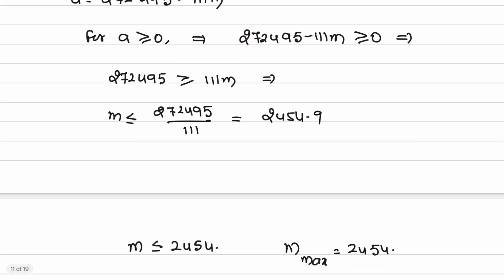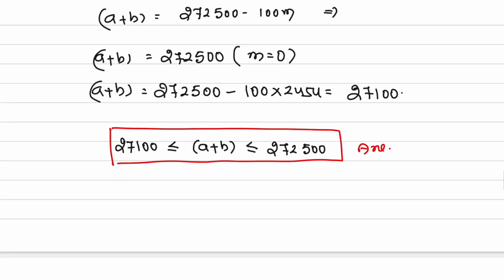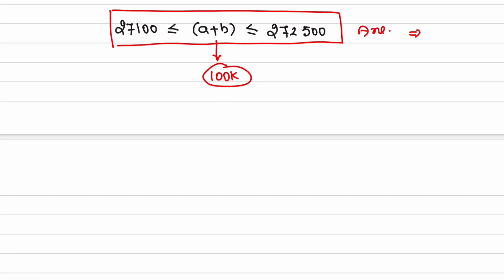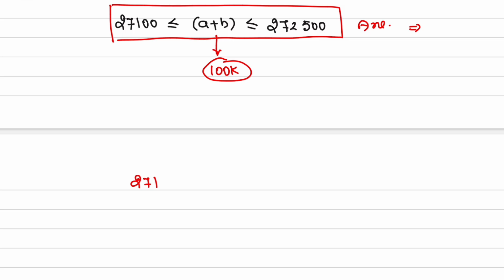If you see here, A plus B is in the range of 27,100 to 272,500, and it should be some 100 into k, multiples of 100. Then k you can decide, k value is from 271 to 2725, which implies 271 is less than or equal to k is less than or equal to 272.